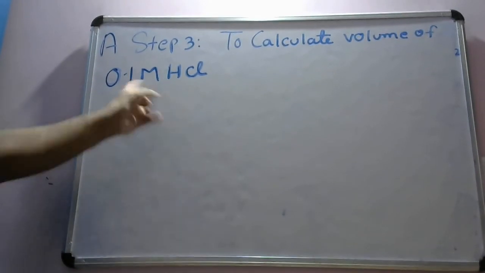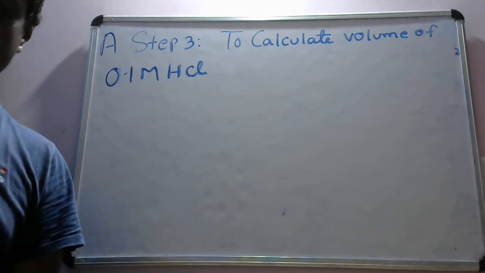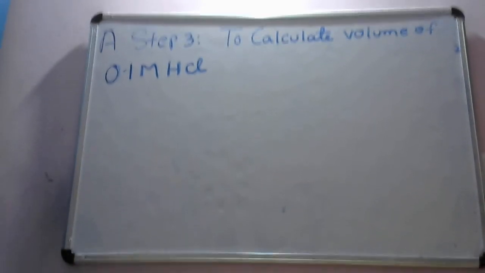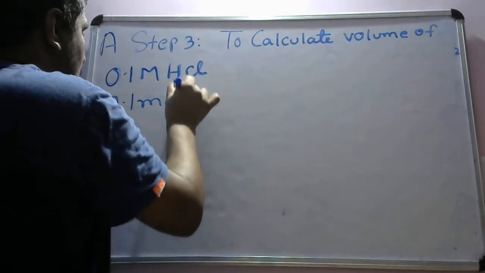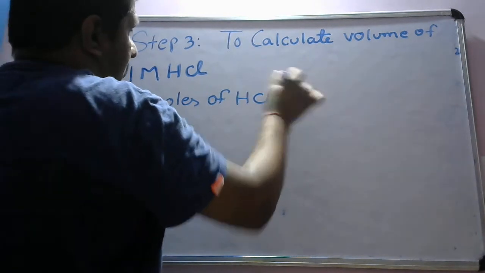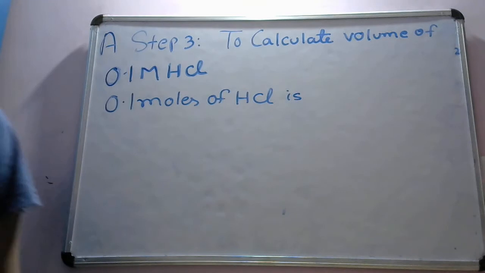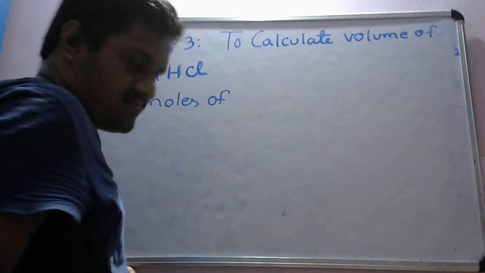So 0.1 molar HCl means what? 0.1 moles of HCl present in 1000 milliliter of HCl solution. Okay. So we can write the statement that 0.1 moles of HCl is there in 0.1 molar HCl.